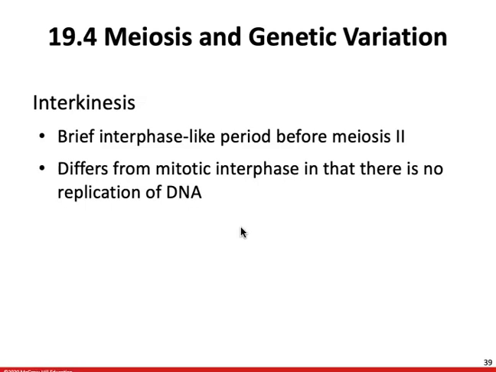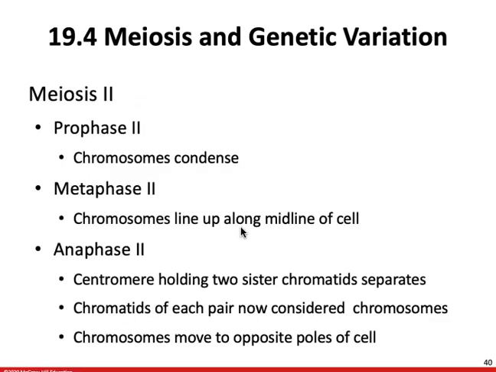We need to, because that cell went from a single cell to 2 cells and essentially halved in size. We're going to need to grow it again before we undergo another round of division. So in interkinesis, we're going to grow the cell, and then we're going to move right into meiosis 2.